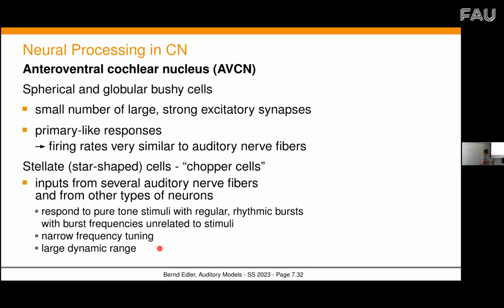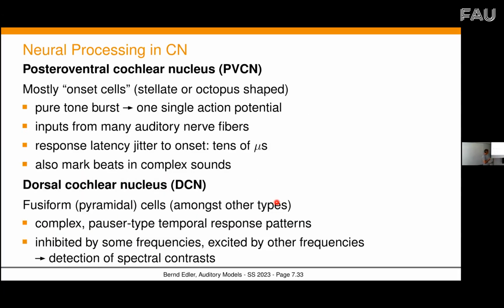But they have a narrow frequency tuning. This would be for frequency or pitch recognition, and they have a large dynamic range. So that just shows a little bit of what is known about some of the cells which are processing the sound.